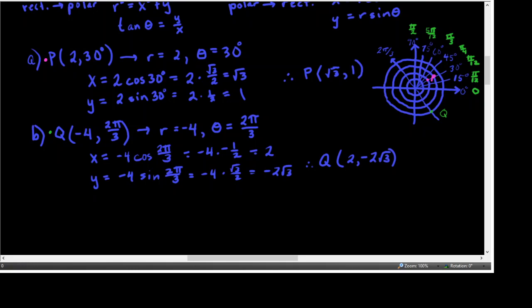Well, if I found an angle for an expression of the ray that Q is actually on, that ray, then I could use a positive R. And so Q could be in polar also, for negative pi over 3, for example.